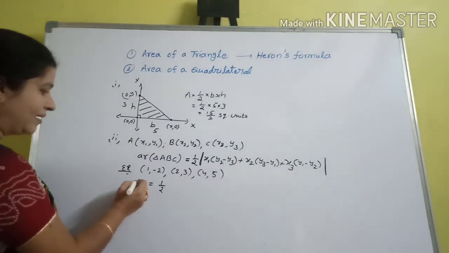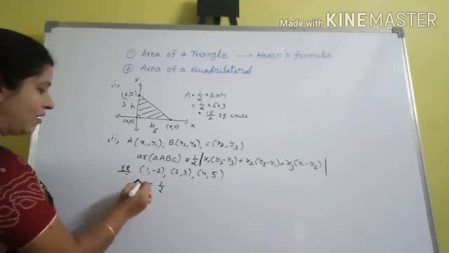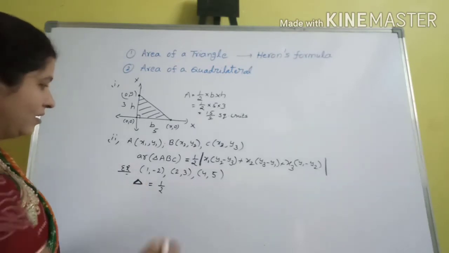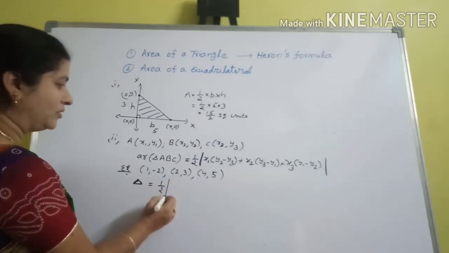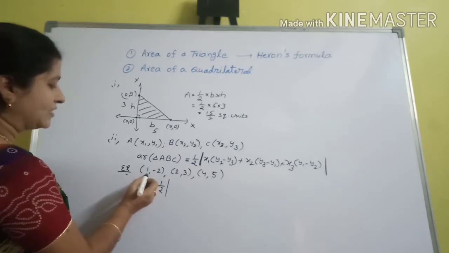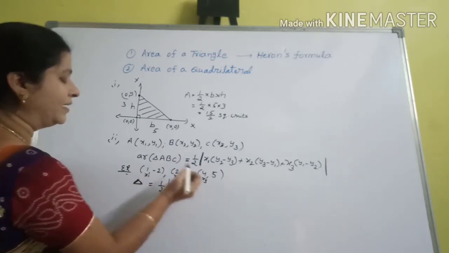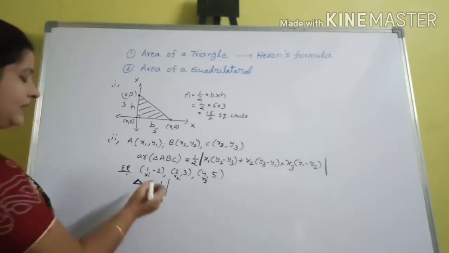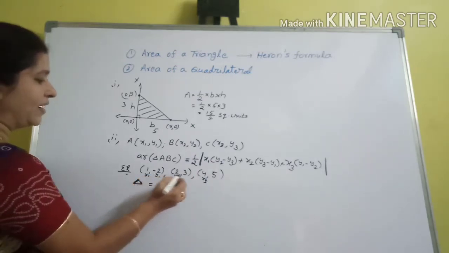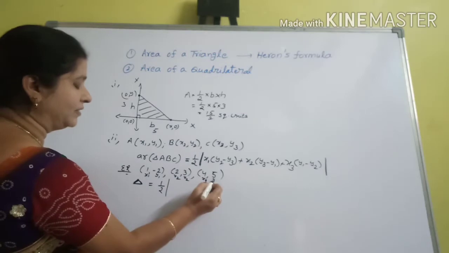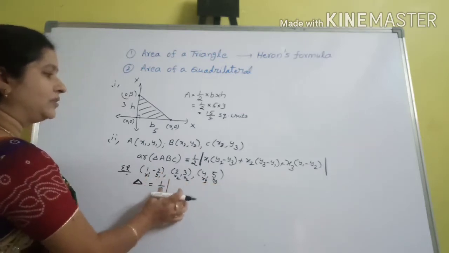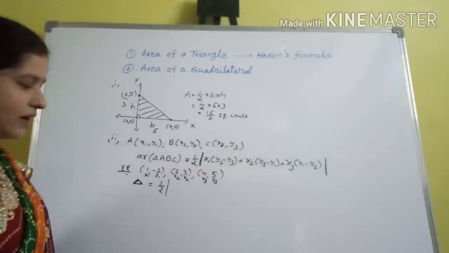Delta is denoted by the symbol of area of a triangle. So here x1, x2, x3 are all the first coordinates, second coordinates y1, y2, y3. Simply substitute the values in this formula.